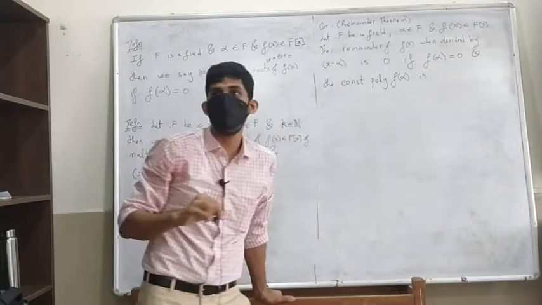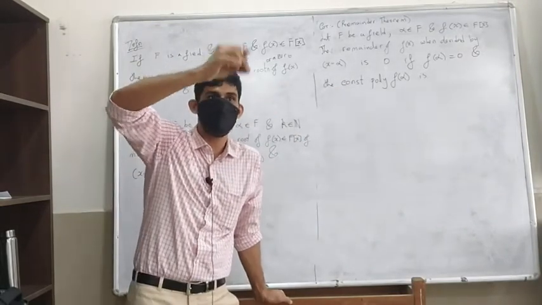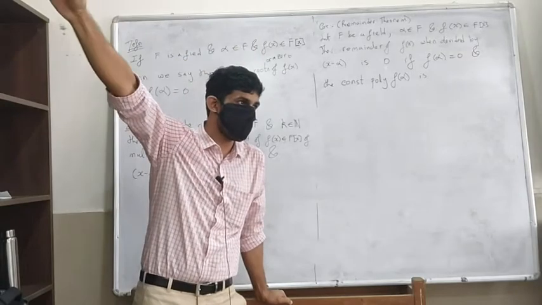What do I mean by the constant polynomial f of alpha? It means the constant term is f of alpha and everything else will be 0.